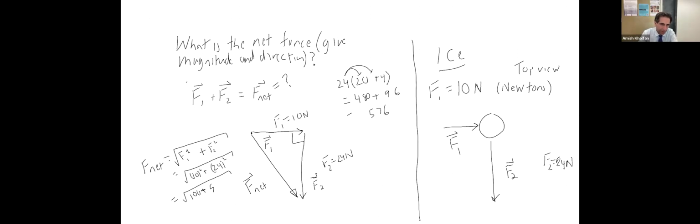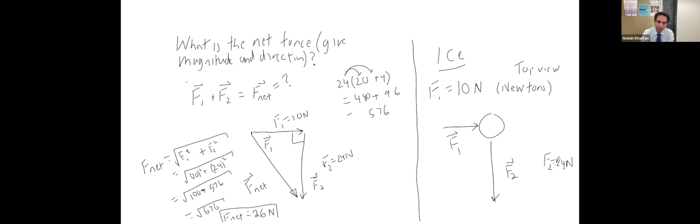And if you add 576 to 100, you get 676. And if you take the square root, you find that the net force should be 26. Okay, if you work it out, it should be 26 newtons. That's the magnitude. 26 squared should be 676.